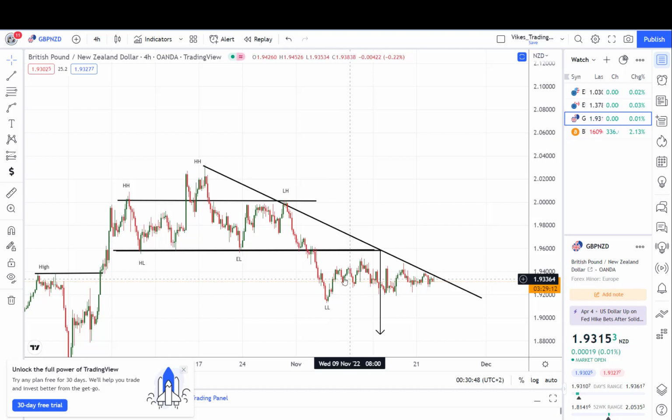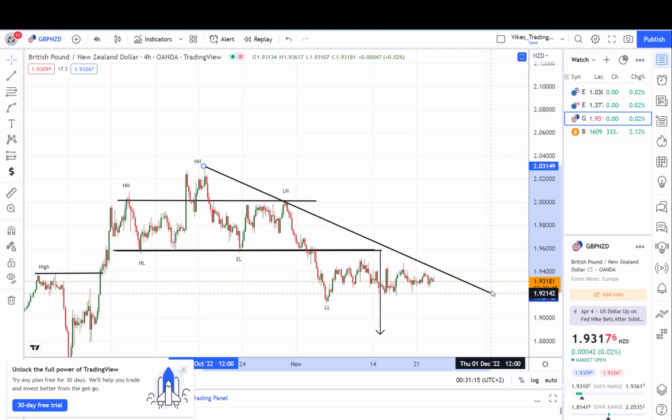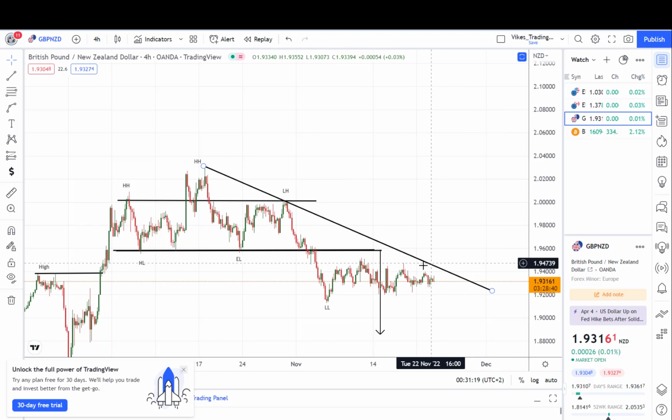I had said that I'll be expecting that prices will reach around this place and reject the downside. So I was expecting that one of my entries will be around the neckline. The other area that I'll be interested in entering this position will be if the prices came to react to this descending trend line.